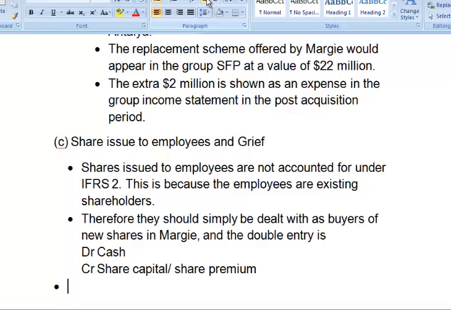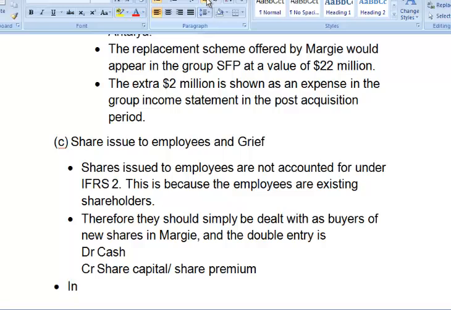Now, Grief owned 5% of Margie's share capital. Before the shares were issued, Margie offered to buy a building from Grief and agreed that the purchase price would be settled by the issue of shares.